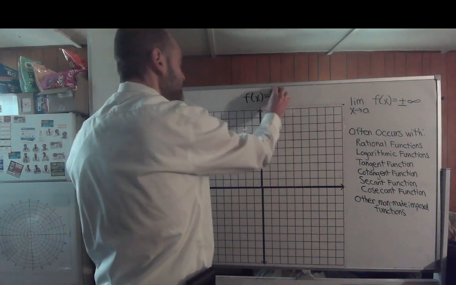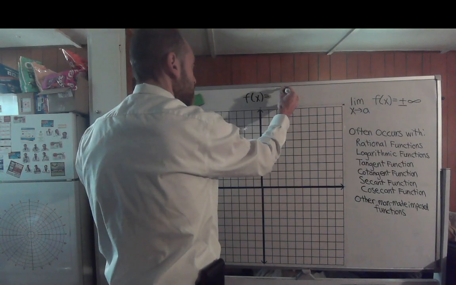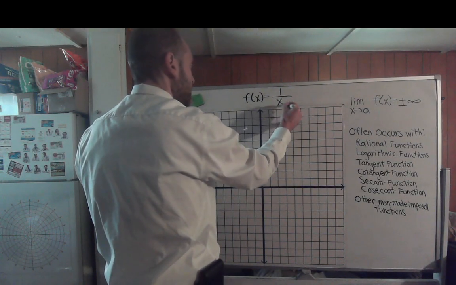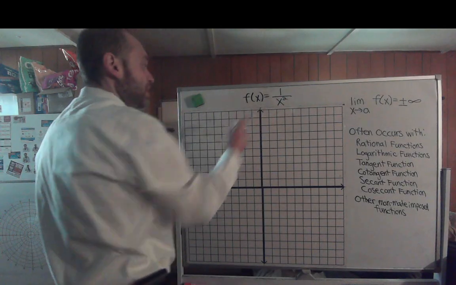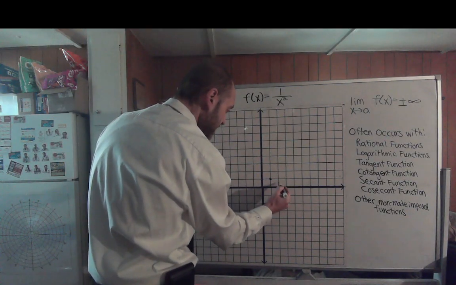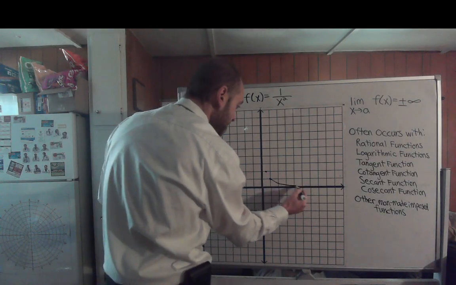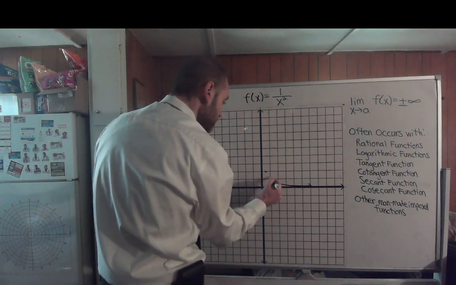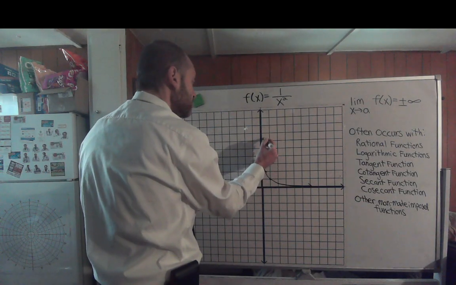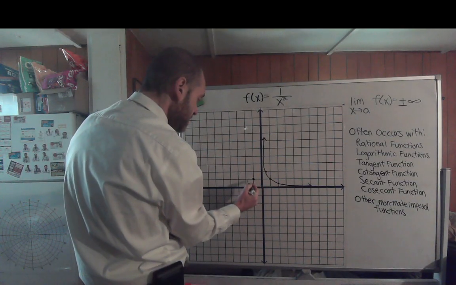Now, what if I decided to make f of x equal to 1 over x squared? So f of x equals 1 over x squared. Let me just draw that real quick here. So there's the right-handed branch of f of x equals 1 over x squared.